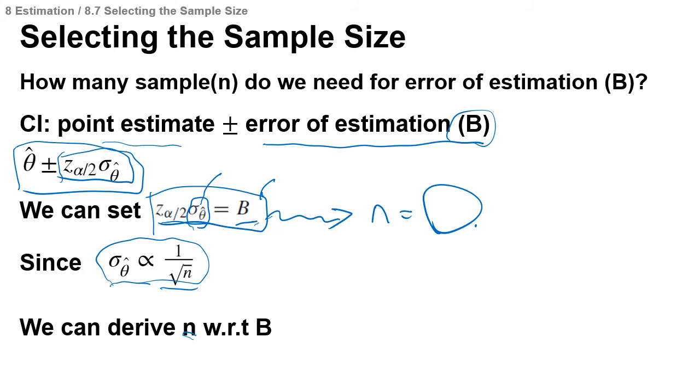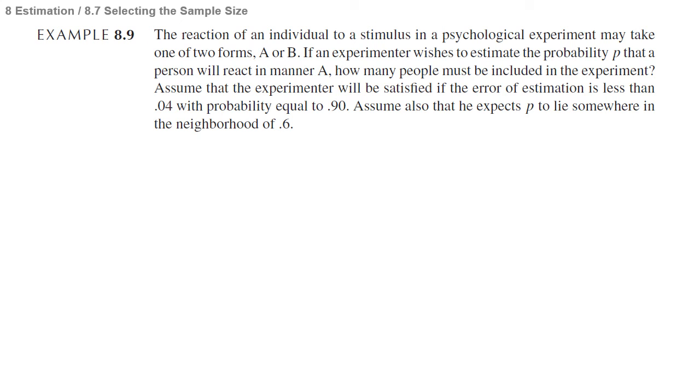Okay, let's move on to example 8.9. The reaction of an individual to a stimulus in a psychological experiment may take one of two forms, A or B. If an experimenter wishes to estimate the probability p that a person will react in manner A, how many people must be included in the experiment?